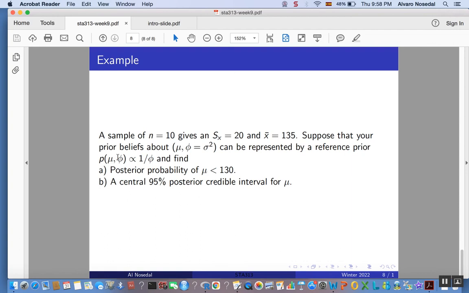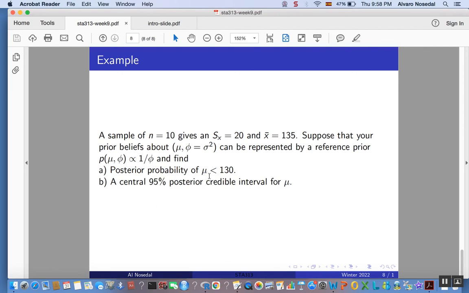The joint prior is the product of two independent prior distributions, one for mu and one for phi, where phi represents sigma squared. We used reference priors: for mu, something proportional to 1, and for phi, or sigma squared, we used 1 over sigma squared.